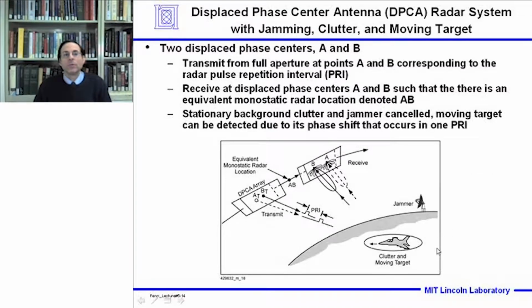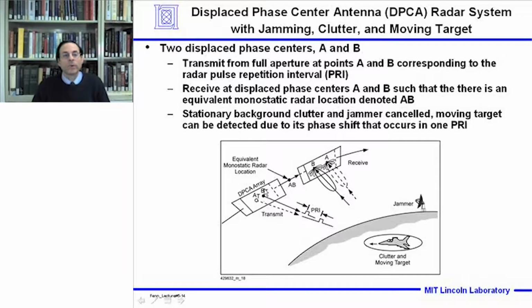Now let's review the Displaced-Phase-Center antenna radar system approach to suppress jamming and clutter and detect moving targets. So we covered this before in lecture number 2. So let's consider 2 displaced phase centers A and B, and we're going to transmit from the full aperture at points A and B corresponding to the pulse repetition interval, the PRI.